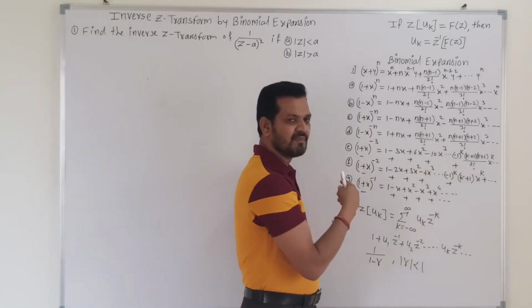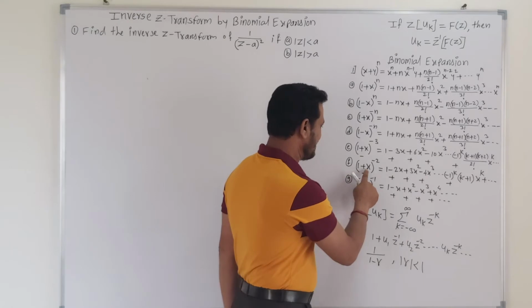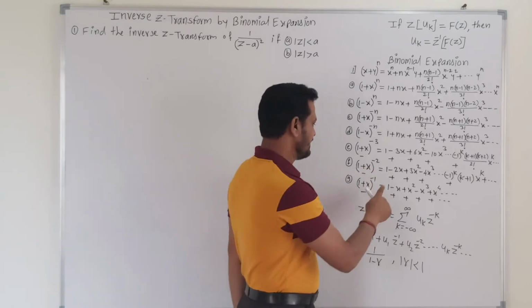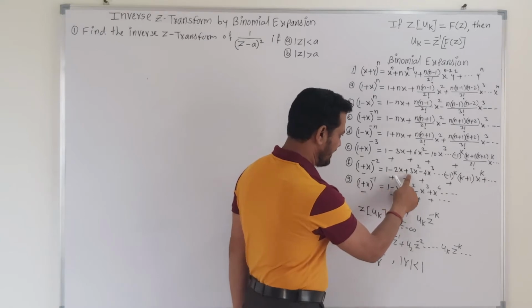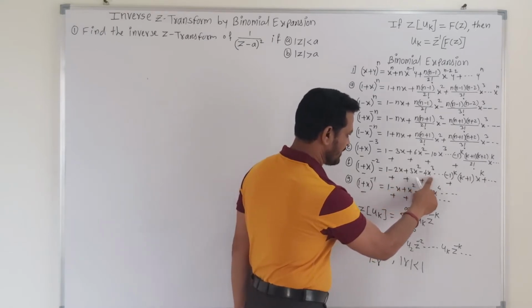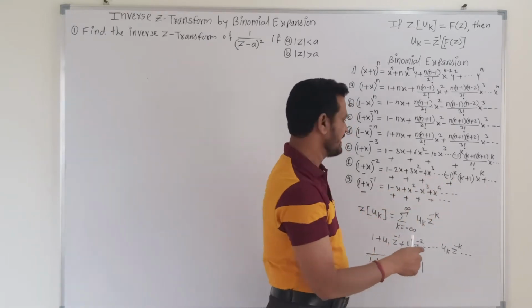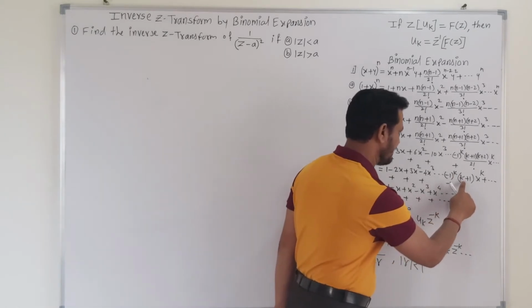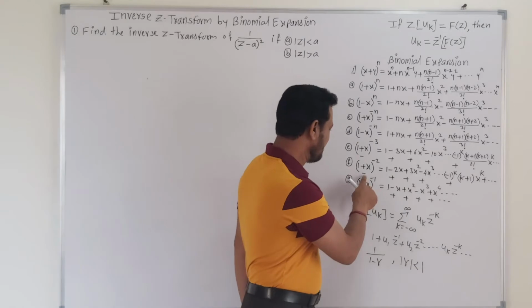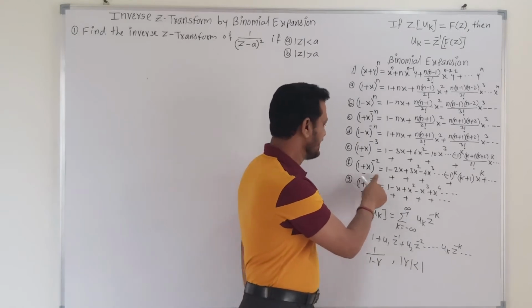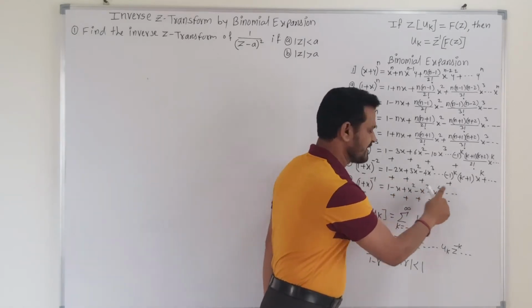Now one more particular case, 1 plus x raised to minus 2. Its expansion is 1 minus 2x plus 3x square minus 4x cube and so on. In general we can write this as minus 1 raised to k, times k plus 1, x raised to k, and so on. Again, if the middle sign is minus, then we get the plus sign everywhere.